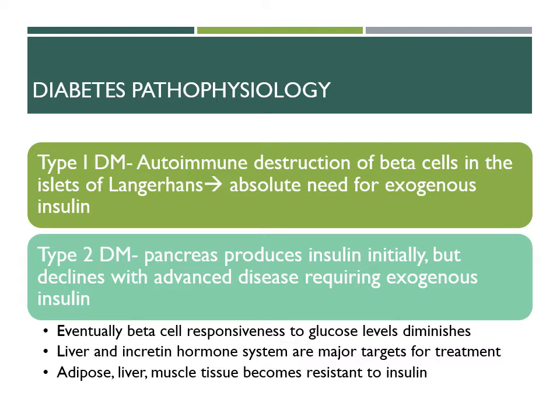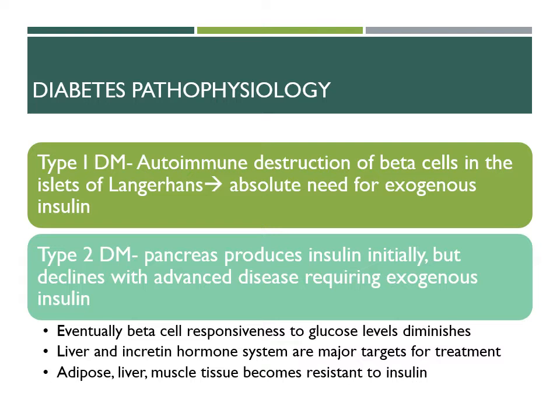In type 2 diabetes, the pancreas produces insulin initially, but that declines as the disease advances. So it could almost be said that by the time diabetes is diagnosed, you've lost about 50% of the beta cells in the pancreas. So that process goes on over a long period of time.